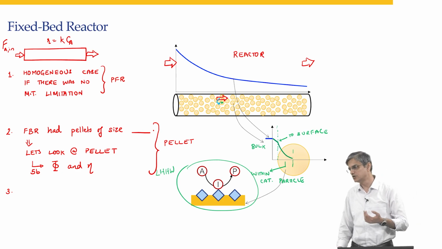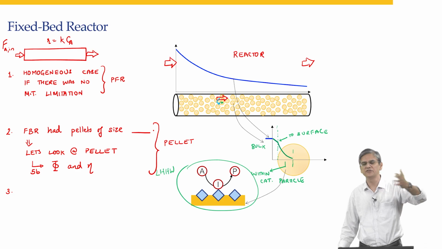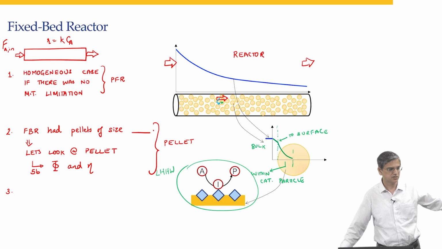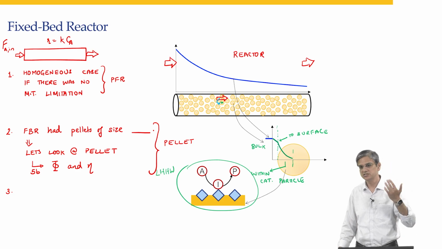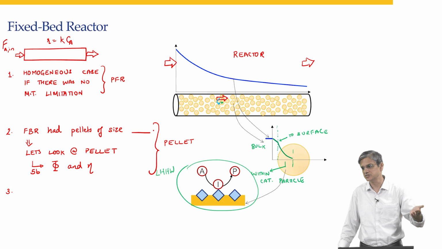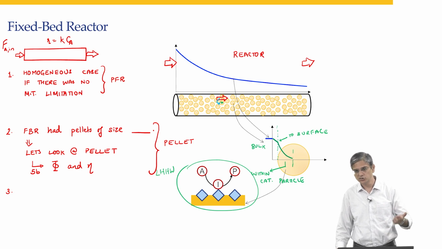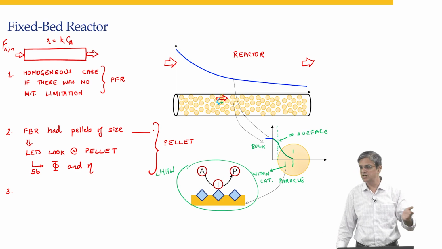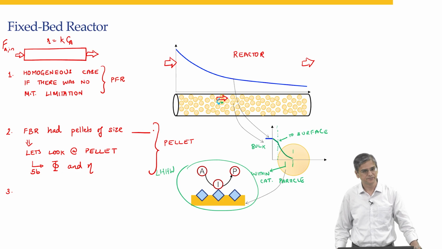Because of internal diffusion limitation, from problem 2 we realized that the effectiveness factor, let us say, is 0.8. If the effectiveness factor is 0.8, then the rate of reaction is reduced to 80% of the original, a reduction of 20%. So what is the new reaction rate? Instead of K multiplied by Ca, it is eta multiplied by K multiplied by Ca.